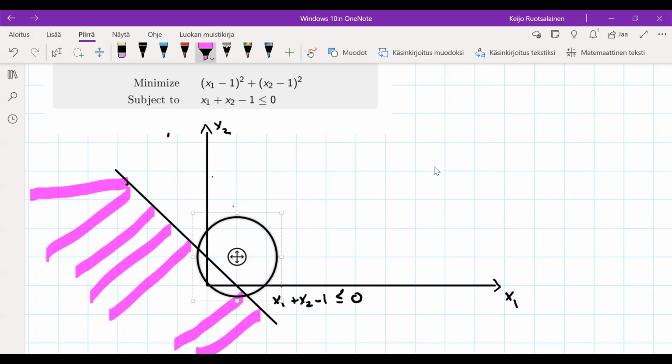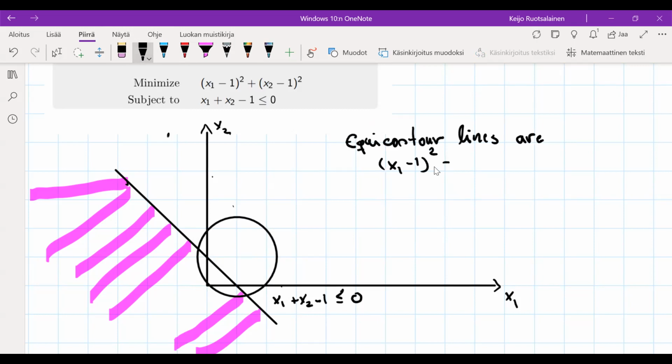So the equicontour lines are x1 minus 1 squared plus x2 minus 1 squared is equal to some constant capital K, which is of course a non-negative number.